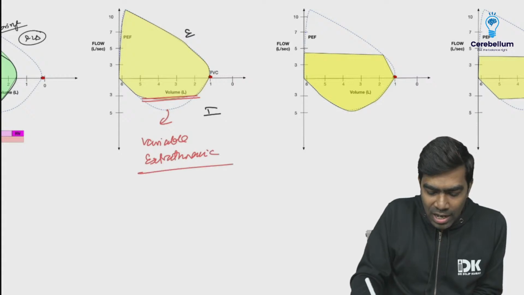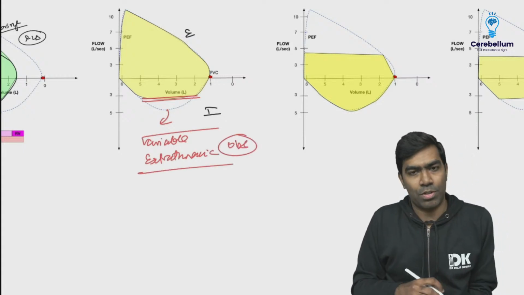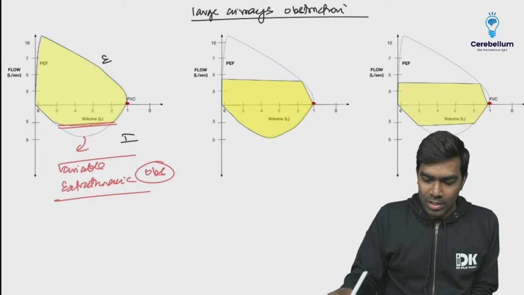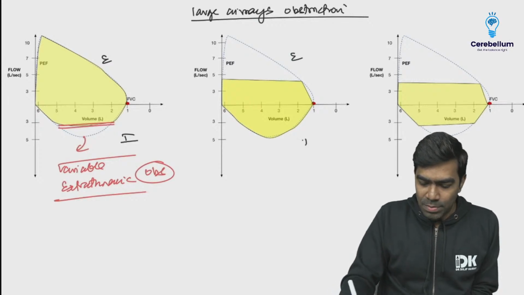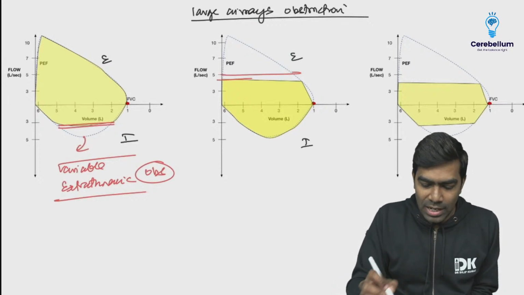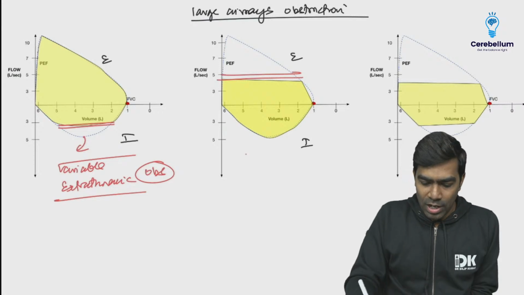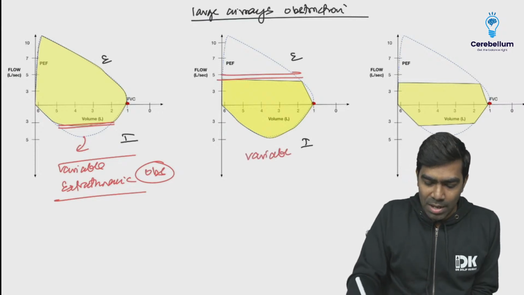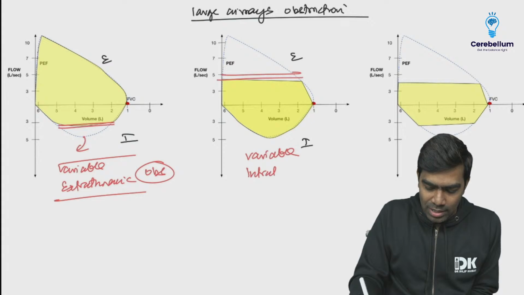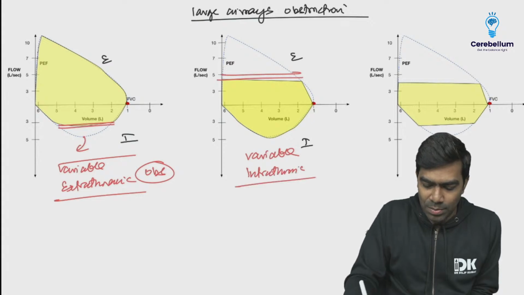I should say large airways obstruction. Once again, this is an expiratory limb, this is an inspiratory limb. If the expiratory limb is flattened, now you can diagnose a variable or a dynamic intrathoracic large airways obstruction.